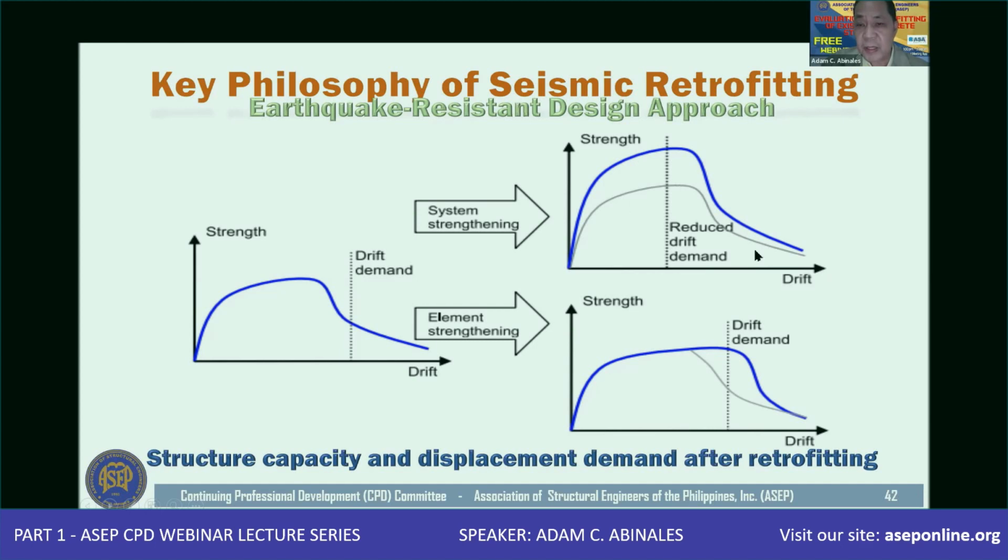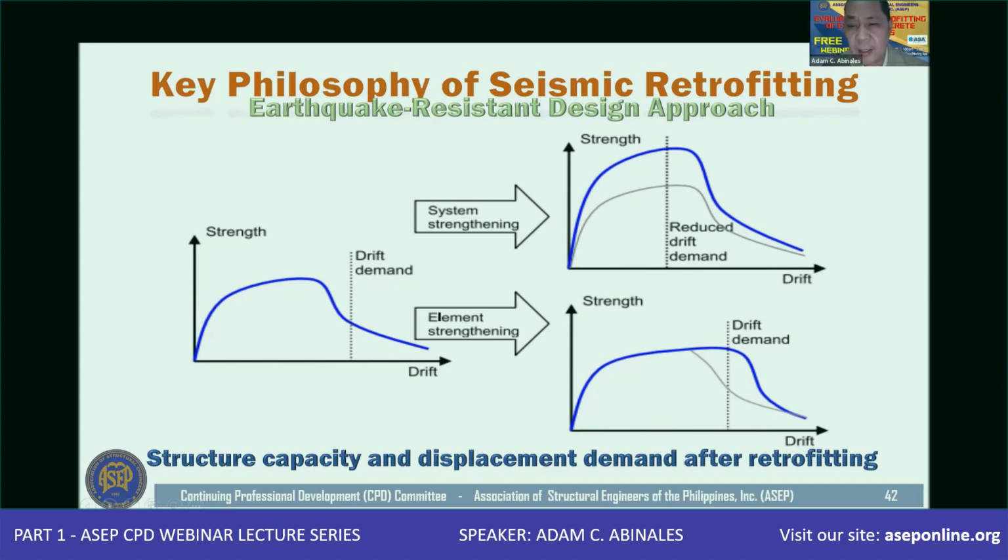Especially in terms of the drift, you will have a significant reduction, with reduced drift demand to this line here. But of course, this is in the case of system strengthening. If you are only doing element strengthening, the drift demand would be only slightly lowered, shifted to the left, not exactly.